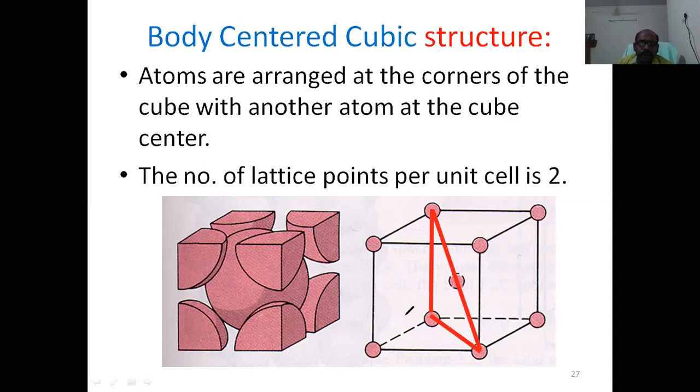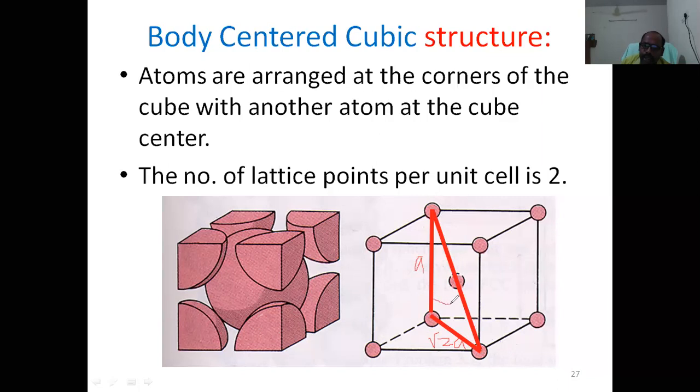Now this length is root 2a, since it is the in-face diagonal, and the vertical edge length is a.